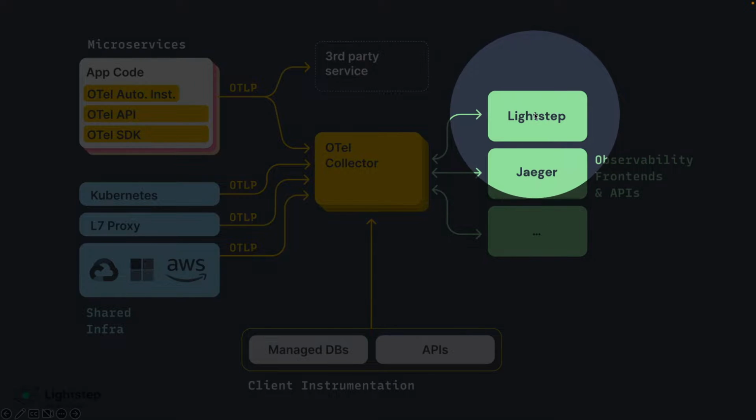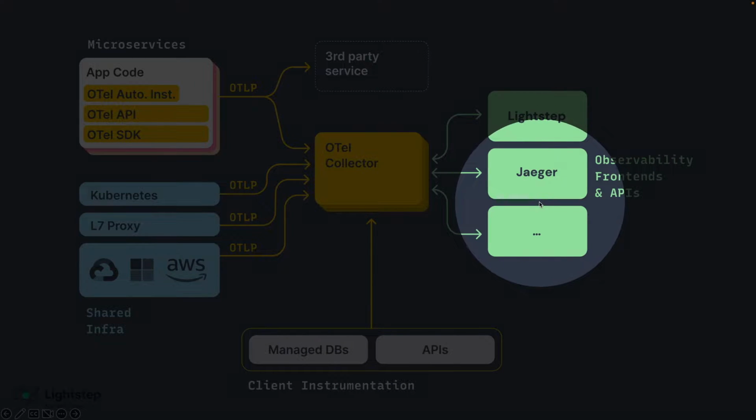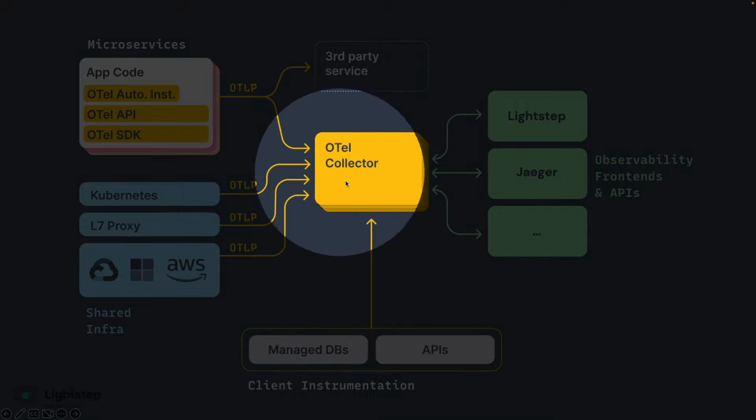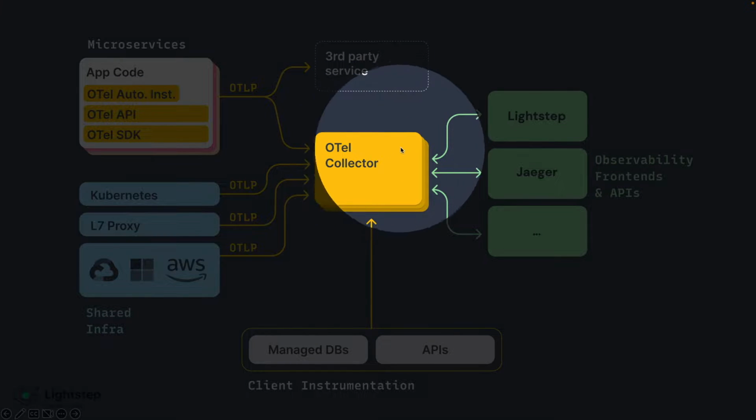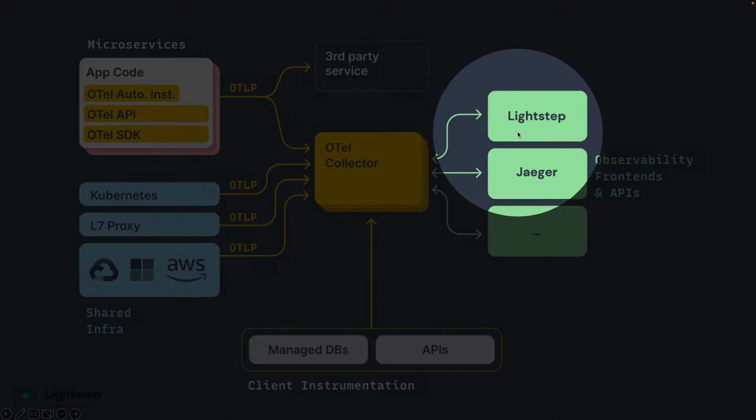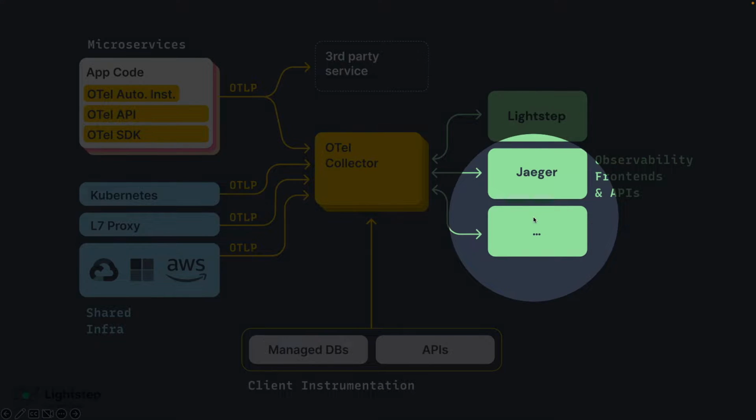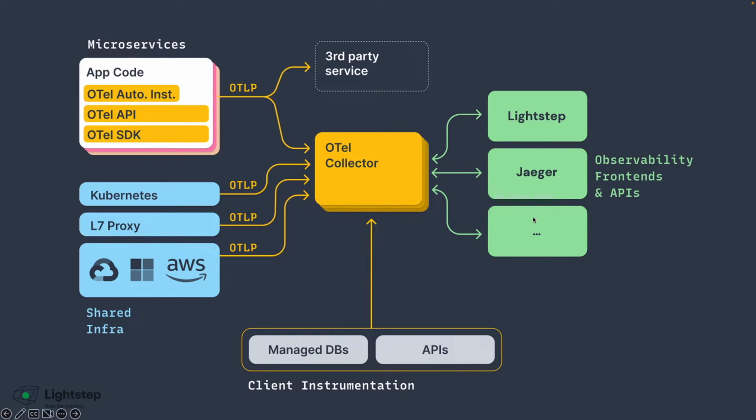And that's where you can see that you've got no vendor lock-in, because in fact, you can use a single collector with many different backends and push traces in parallel to different ones, or split the information between one tool for the traces and another one for the metrics. What is interesting here is that changing or adding a new backend is just a few lines of YAML, as you will see during the lab.